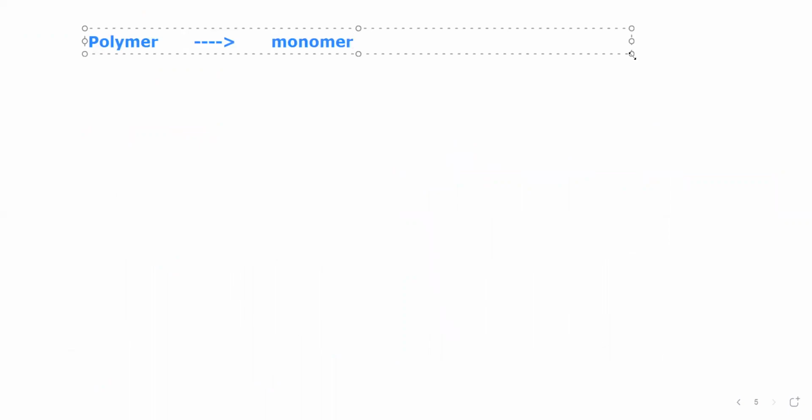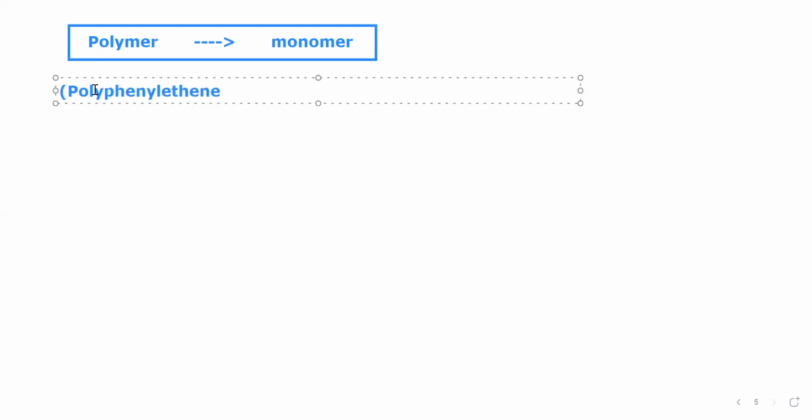polymer to monomer. So here, in this example, what will I give you? Okay, the example of polymer that I have here is polyphenylethene.